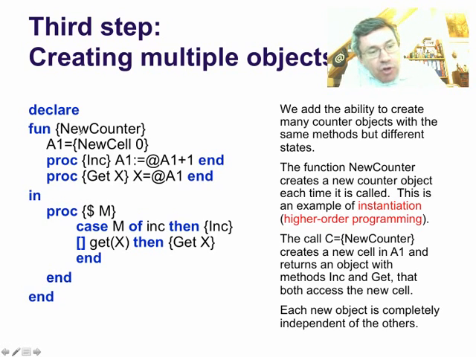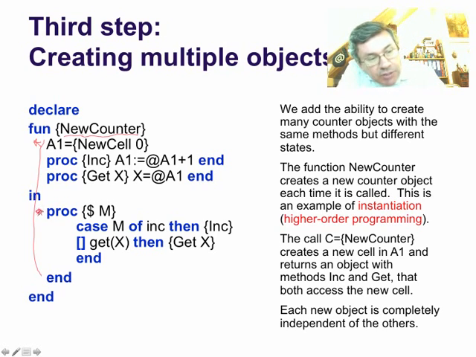Here we have a function new counter, and each time we call new counter, it creates a new object with the same methods but with a different cell, different state. And this is an example of instantiation since we're returning an anonymous procedure. So this is a kind of higher order programming that we saw before.